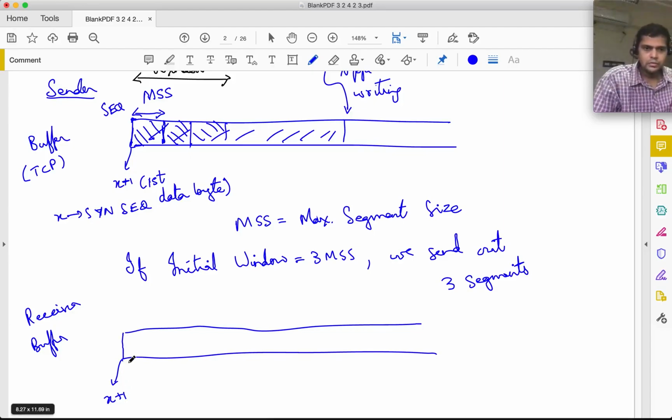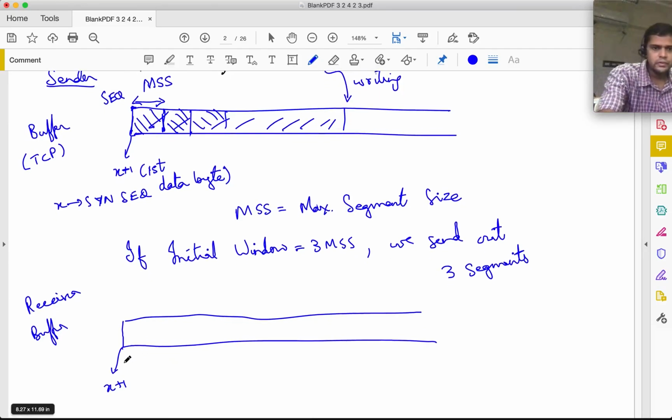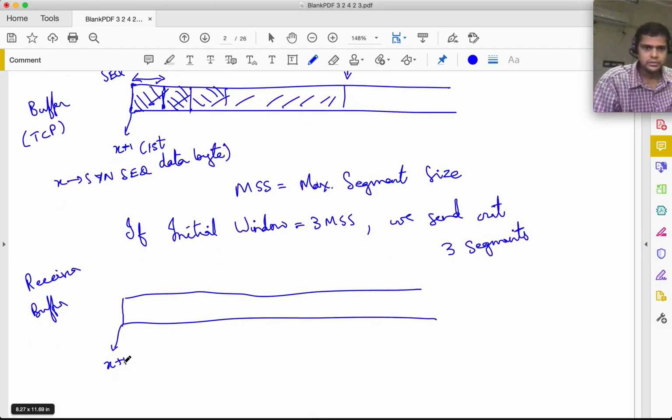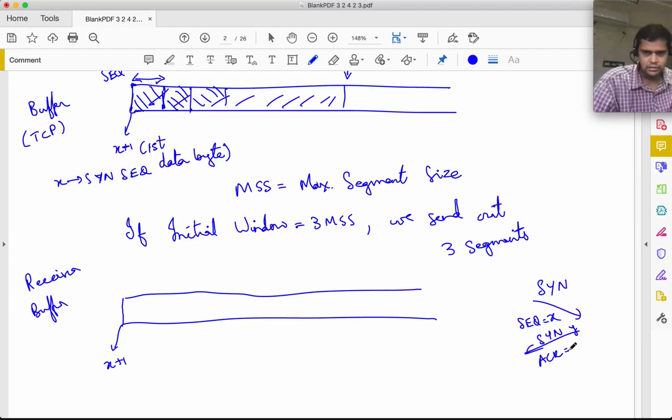So right now, what would have been sent out in the acknowledgement? The SYN packet had X as the sequence number, and the SYN-ACK had its own, let's say Y, but the ACK had X plus 1.